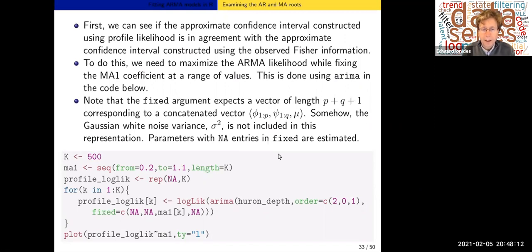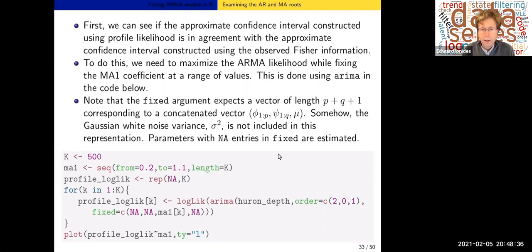This is just an exercise in using ARMA. You need to use the fixed argument, and then you need to figure out what it fixes. It turns out that in the syntax of fixed, it's the AR coefficients, then the MA coefficient, then the intercept.